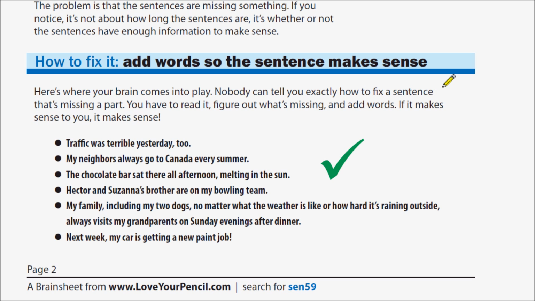It's obvious what your mistake is. But if you write a sentence, that sentence might be one that nobody has ever written before in the history of the human race. And nobody can tell you how to fix something that's never been done before. So you have to read it and add words to fix it.